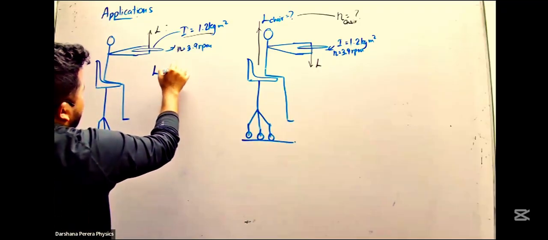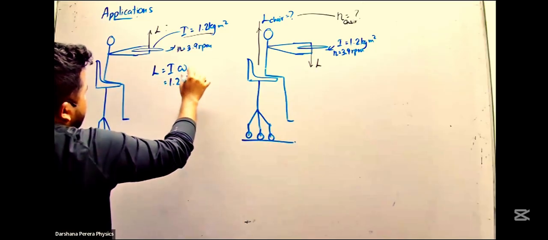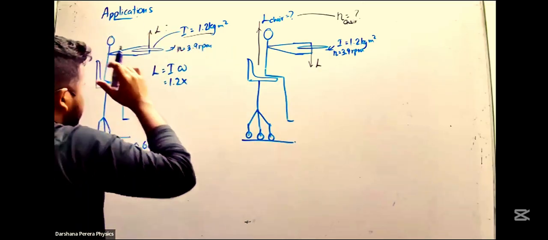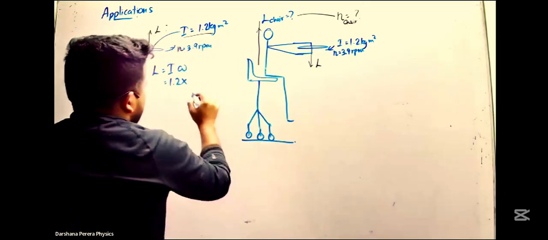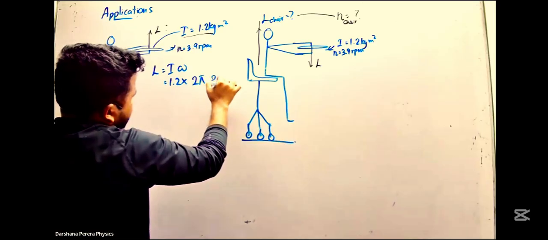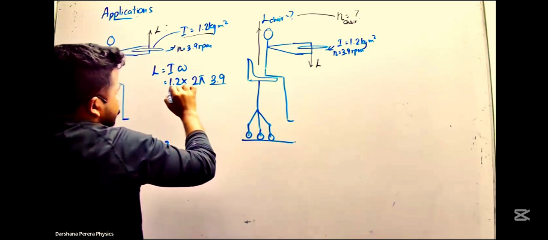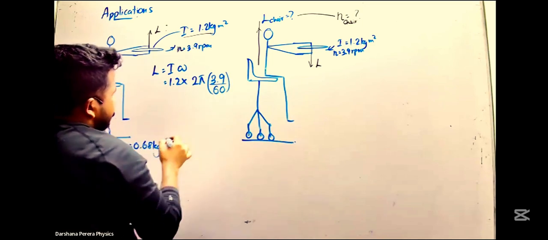L equals I omega. I we know is 1.2, omega from n equals 3.9 RPM. We have to convert it into RPS by dividing by 60, and find omega.